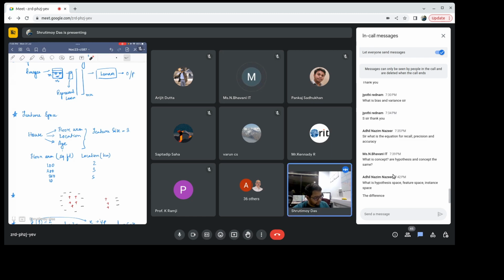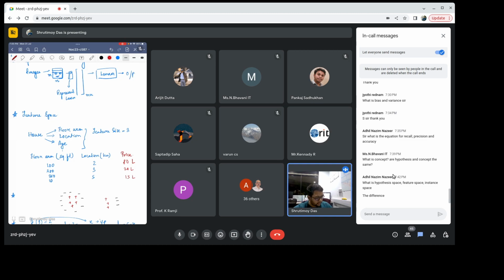Okay, so suppose we are trying to predict the price of these houses. So we have some label, say price. So this is say 10 lakhs, this is 20 lakhs, this is 50 lakhs, something.